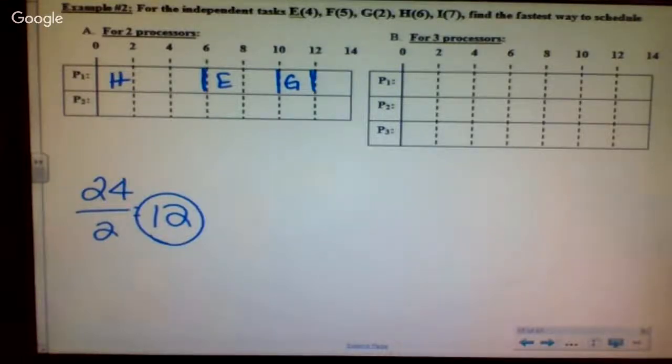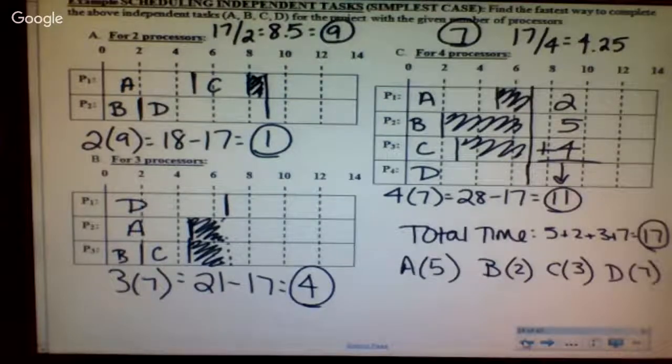Do we have to use all of the things given to us? All of your tasks have to be scheduled. If there's one processor and you have 5 tasks, you have to use all 5 tasks for that one?